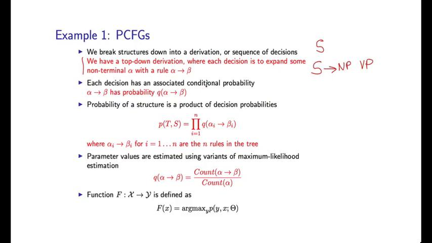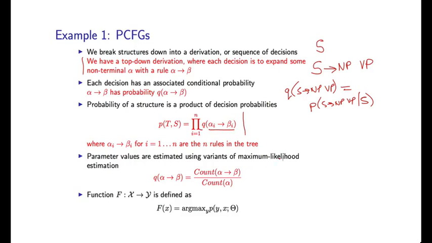Each of these decisions has an associated conditional probability, so q of S goes to NP VP is a parameter that specifies the conditional probability of seeing the rule S goes to NP VP, given that we're expanding S. The probability of a structure is a product of these terms. If I have a tree with n rules, alpha_i goes to beta_i, for i equals 1 to n, then we just multiply together these q parameters for each of the individual rules.